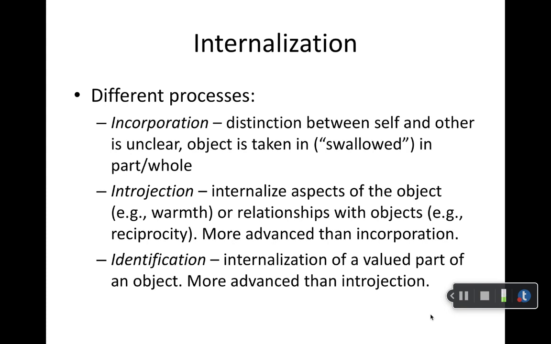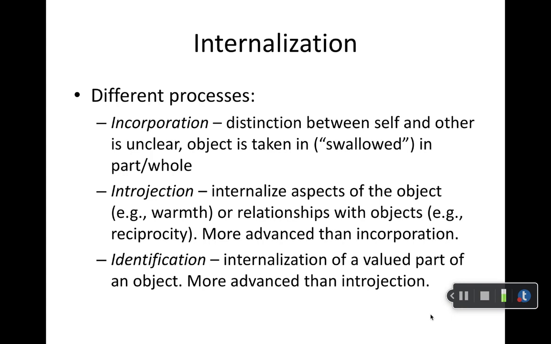A more sophisticated process is called introjection, where we internalize aspects of the object, the person, like warmth, or we internalize relationships with objects, like reciprocity. Now here, again, we're internalizing an aspect, not the whole thing. So this is more advanced than incorporation.